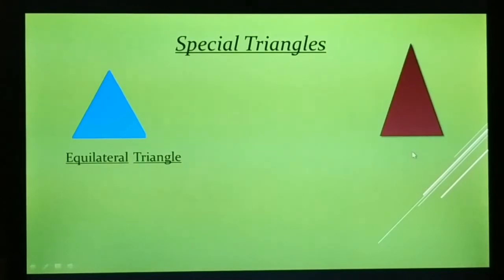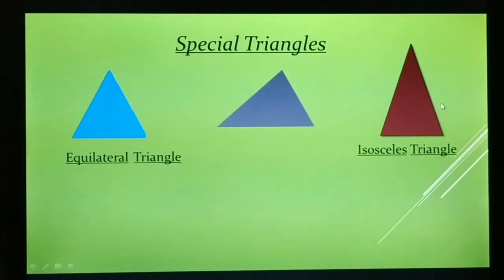The next type is a triangle in which 2 sides are of the same length or in angles. Such a special triangle is known as an isosceles triangle.